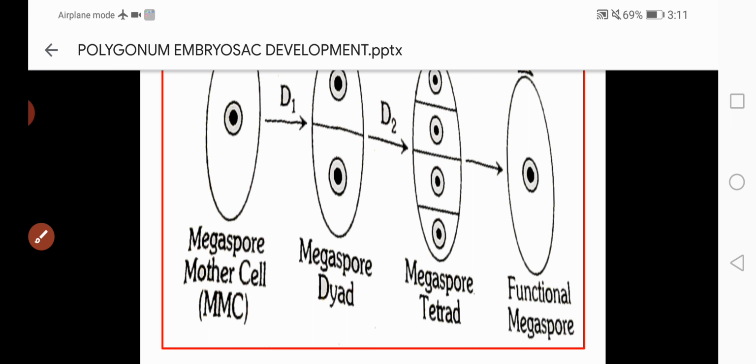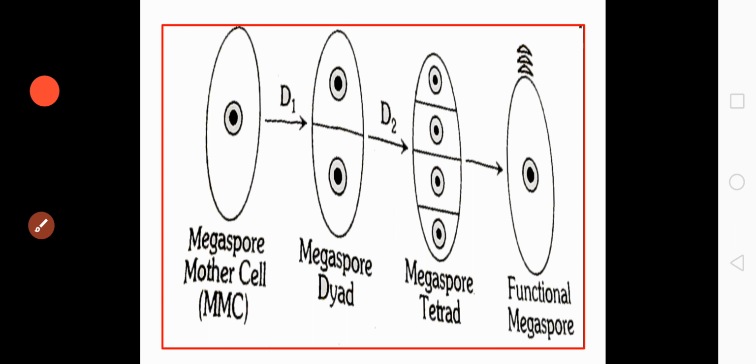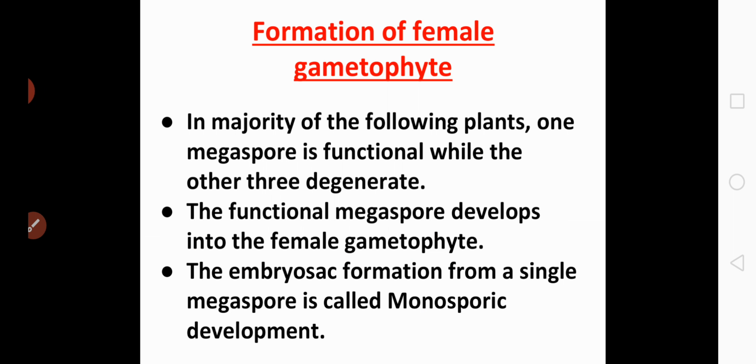Next, of these 4 megaspores, 3 megaspores degenerate and only 1 megaspore becomes functional. Once again, at the end of megasporogenesis, from a single megaspore mother cell, 4 megaspores are formed. Out of these 4 megaspores, only 1 megaspore becomes functional and the remaining 3 megaspores degenerate.